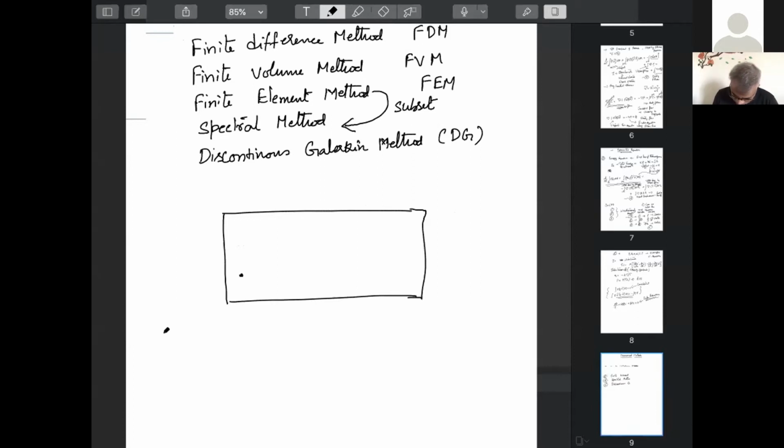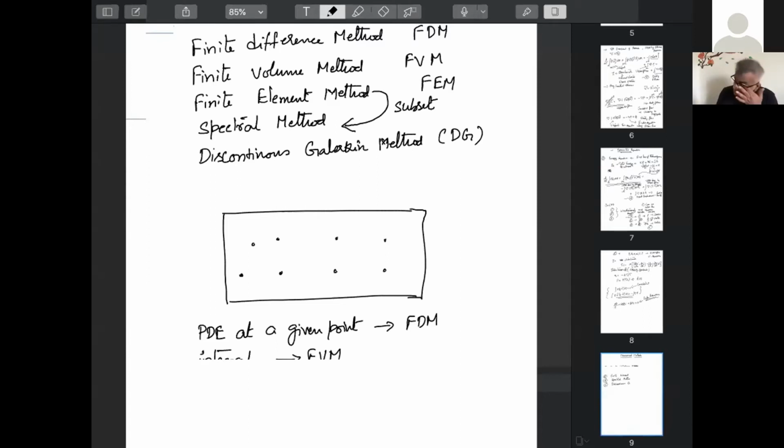If you are solving the PDE at a given point, then we directly take the finite difference method. If you use an integral approach, as I showed yesterday, you use the finite volume method. And if you construct a Galerkin formulation and solve the Galerkin on that, you use the finite element method. So that is the breakdown.